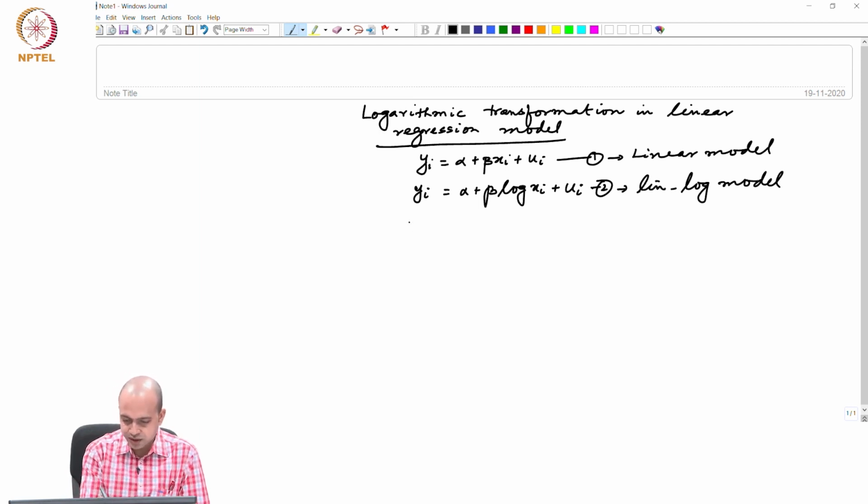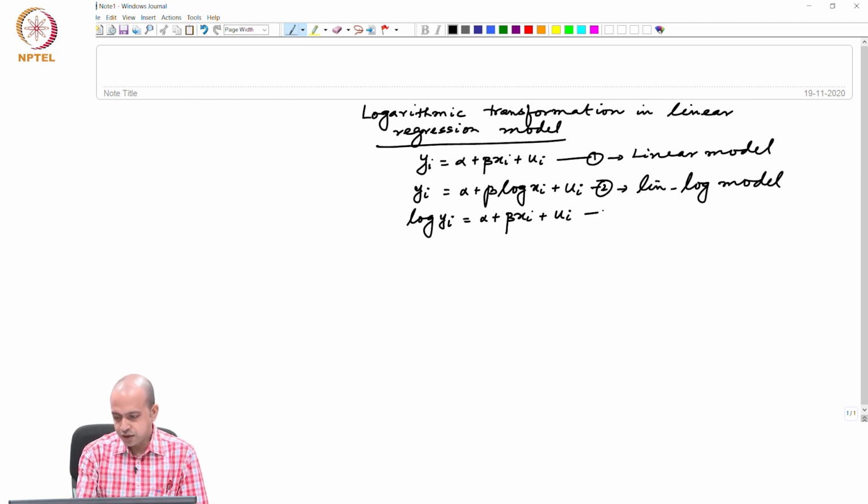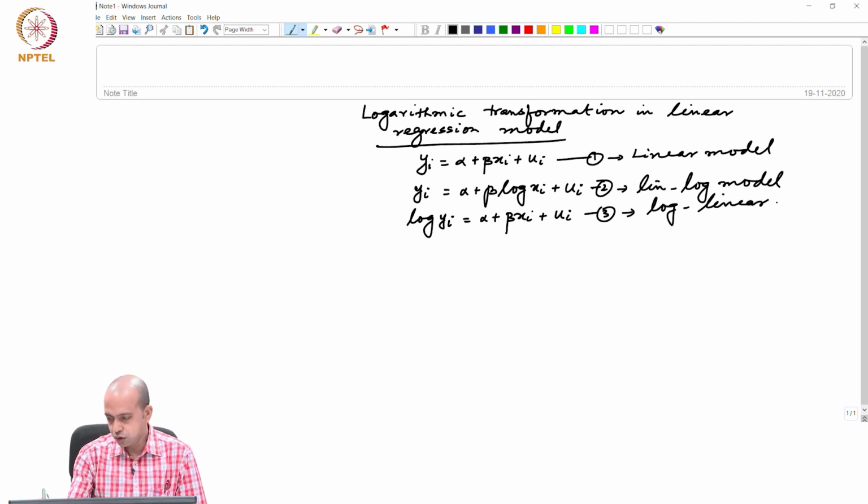Possibility 3 is this: log of yi equals alpha plus beta xi plus ui, and this is model 3, which is known as the log-linear model.